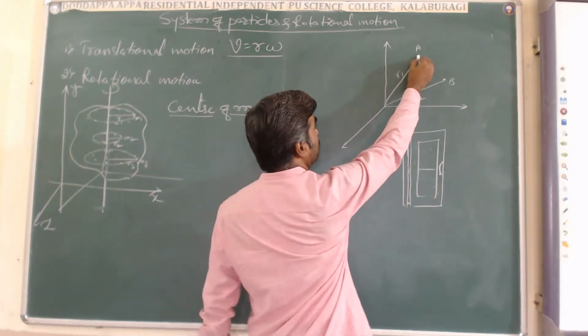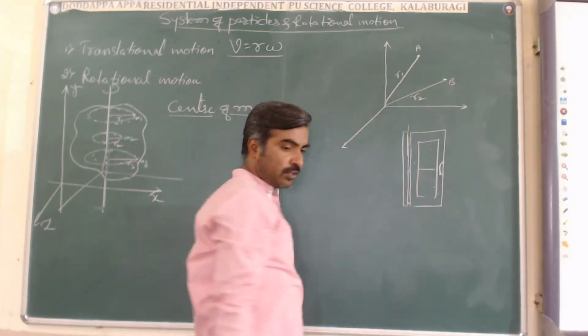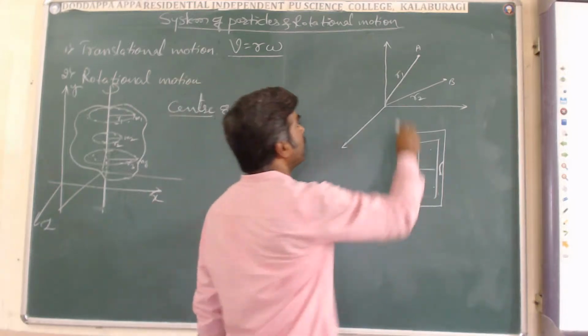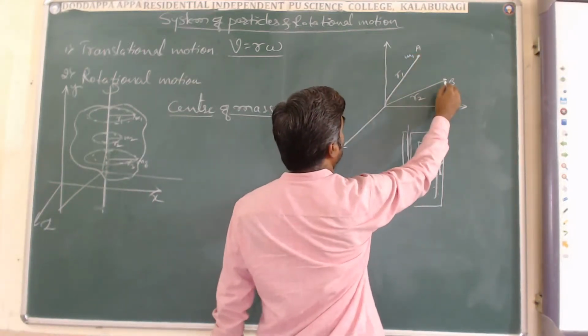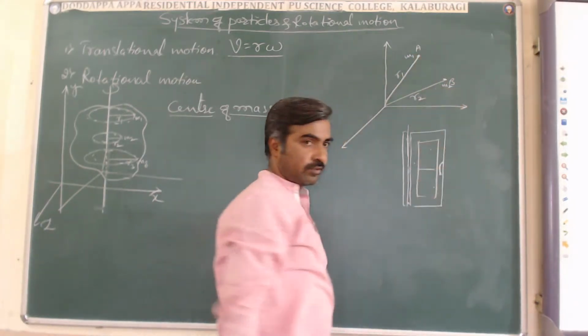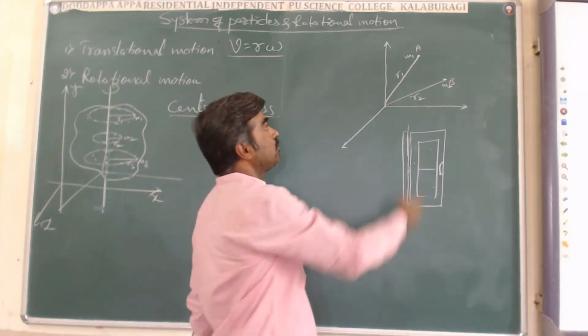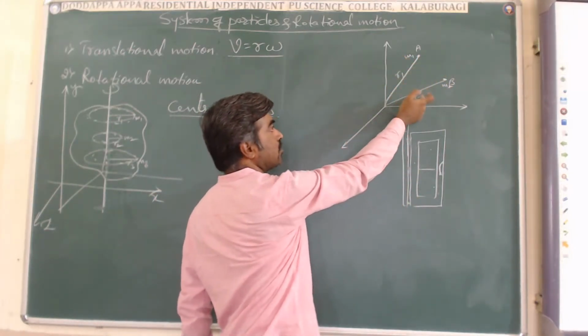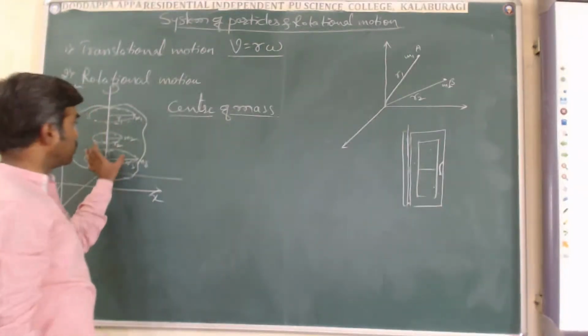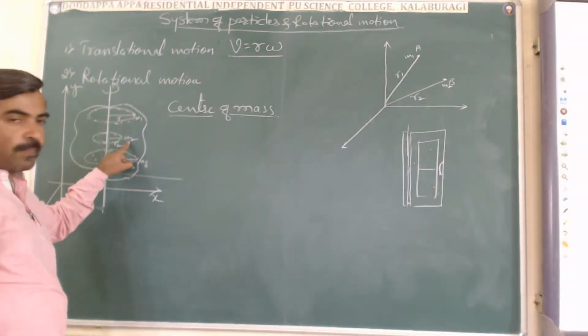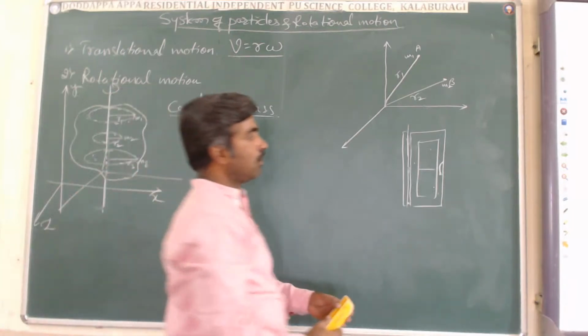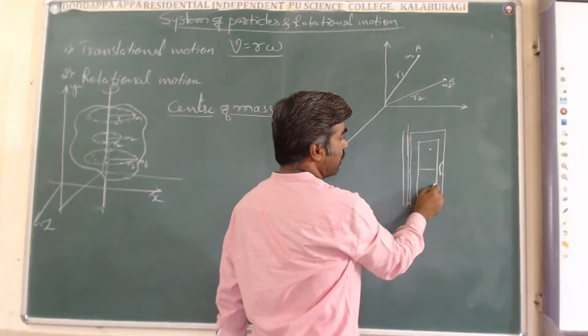The first particle is at point A, the second at point B, of masses m1 and m2. In this picture, m1 is here, m2 is here.